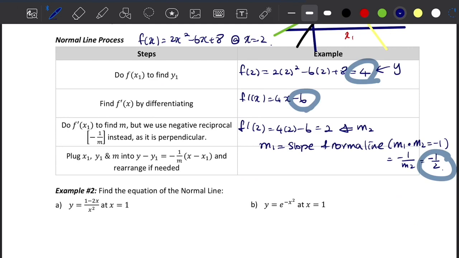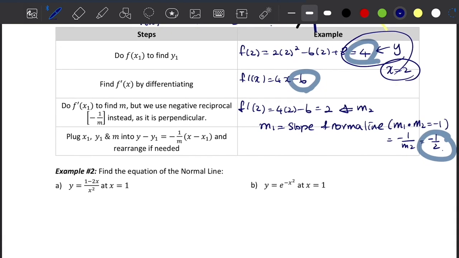Okay, since we know that when x value is equal to 2, y value is equal to 4, and also that the slope of the normal line is equal to negative 1 over 2, we can use the equation y minus y1 equals the slope of the normal line times x minus x1.